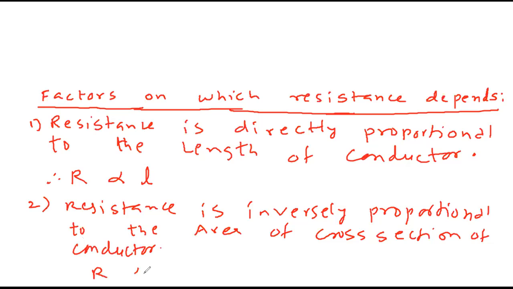Therefore, R is proportional to 1 upon A. See, I'm drawing one conductor. You tell me which part is the area of cross section. 1, 2, 3, 4. Which one is called area of cross section? 2 and 4. Okay. Why not then 1 and 3?